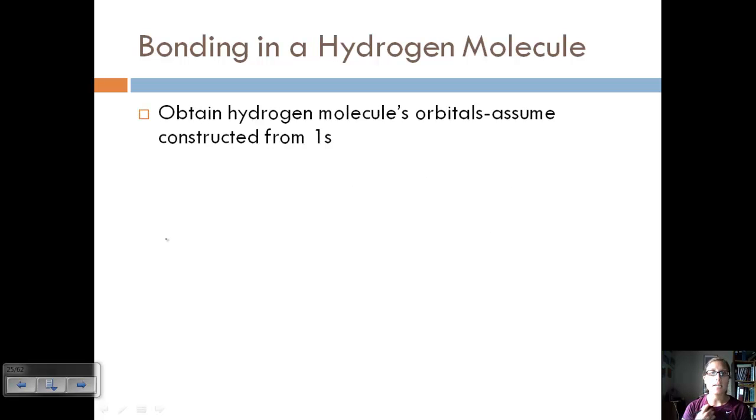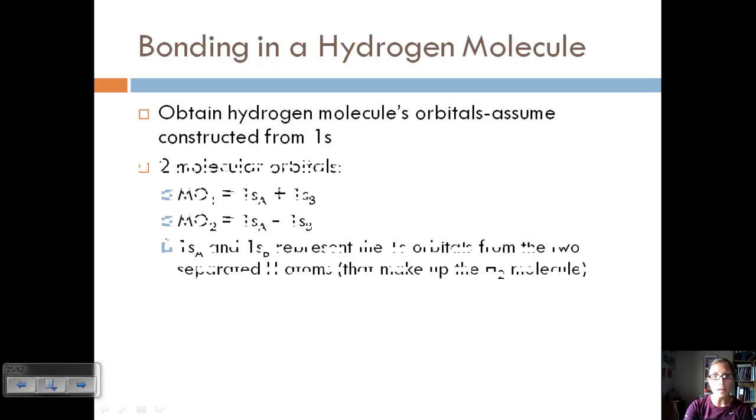Okay, so let's look at a hydrogen molecule. To obtain the hydrogen molecule's orbitals, we assume they are constructed from 1s, because that's where the valence electrons are coming from. We can have two molecular orbitals. MO sub 1 is 1s sub a plus 1s sub b, and molecular orbital 2 is 1s sub a minus 1s sub b.